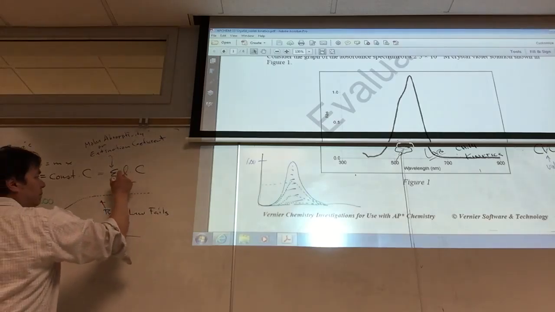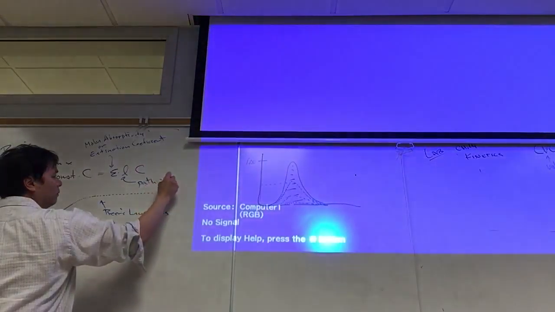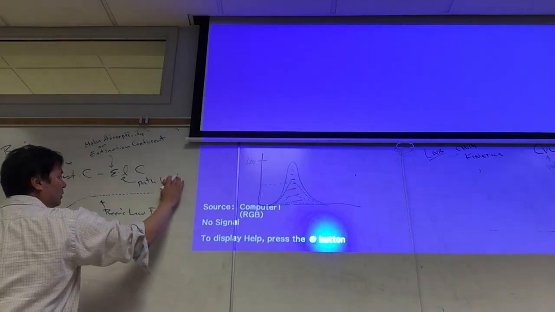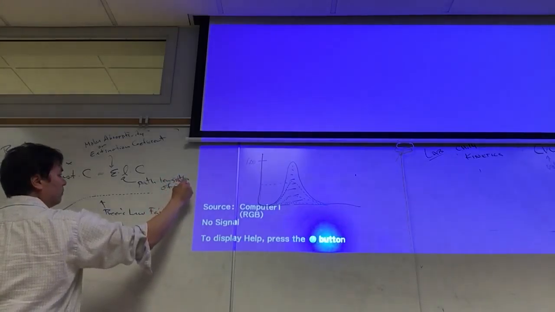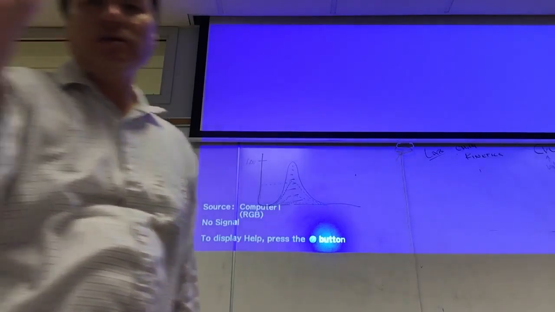L is the path length of the cuvette. The path length of the cuvette, we can just measure.